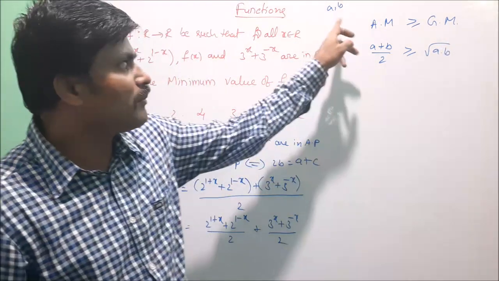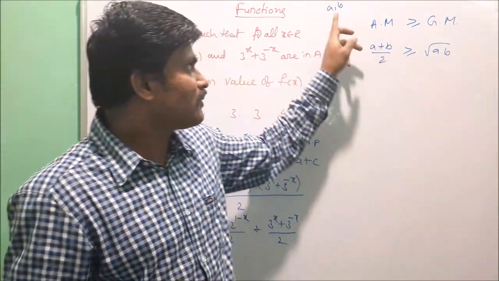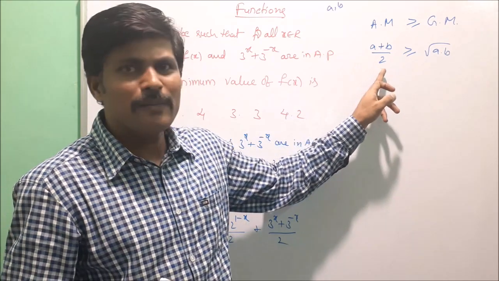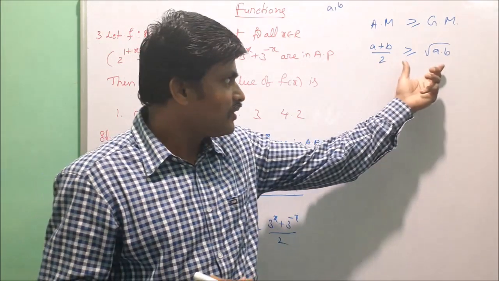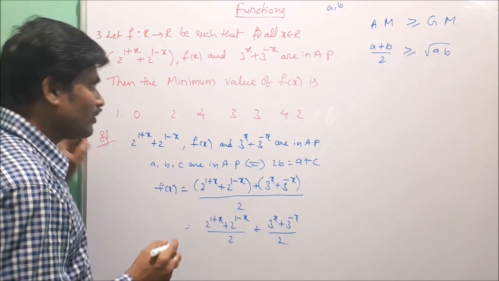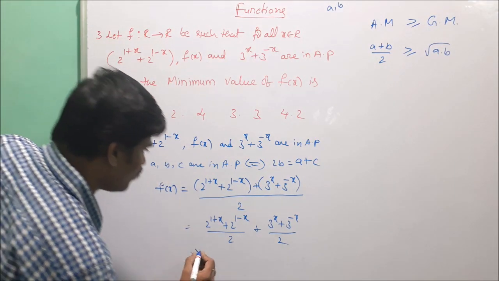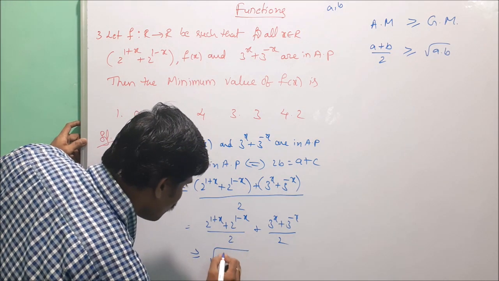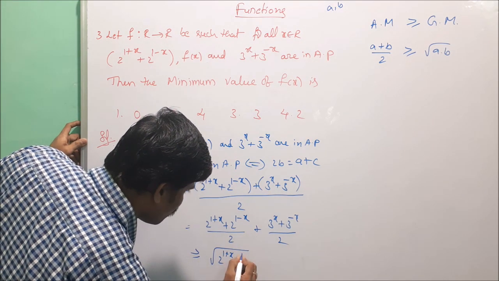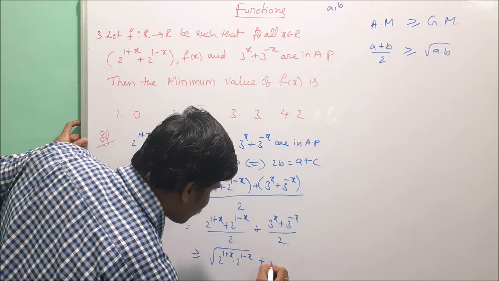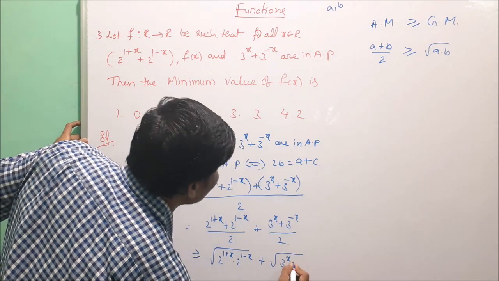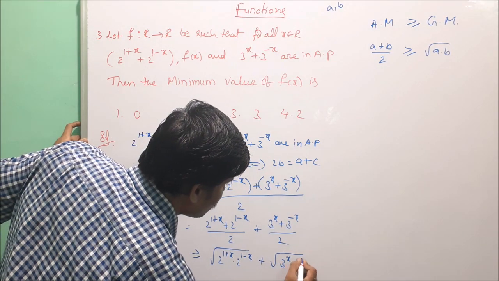The geometric mean of two numbers is square root ab. Now we take this result in this one. Here we write, which is always greater than or equal to square root of 2 power 1 plus x into 2 power 1 minus x plus square root of 3 power x into 3 power minus x.